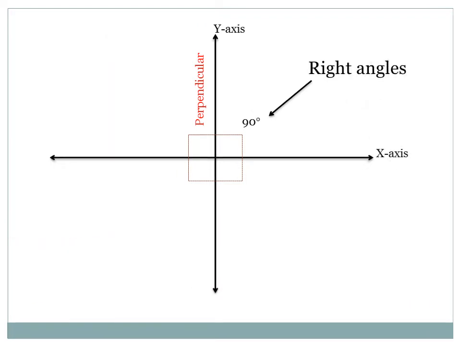Here you can see a plane in which two axes are drawn, and you can see that two lines intersect each other at a right angle, so one line is perpendicular to the other line.